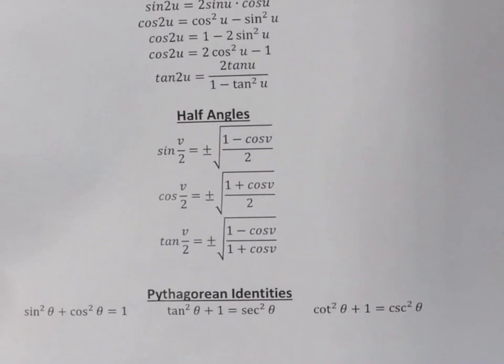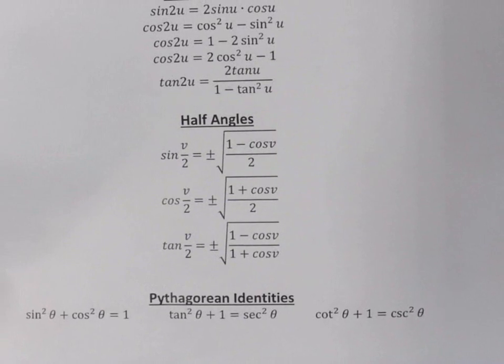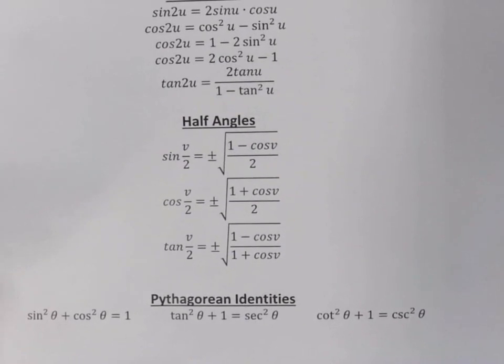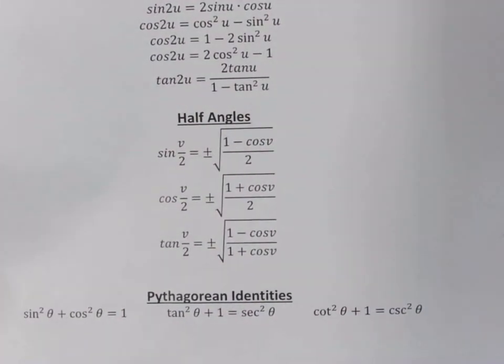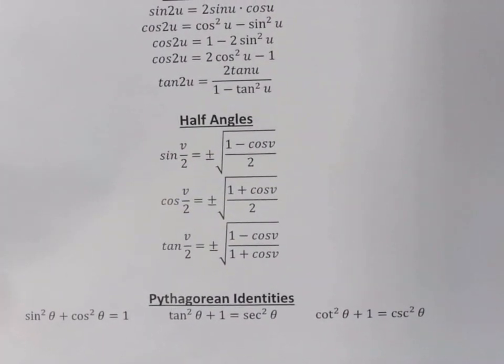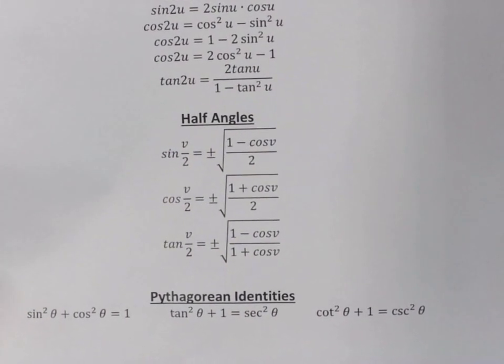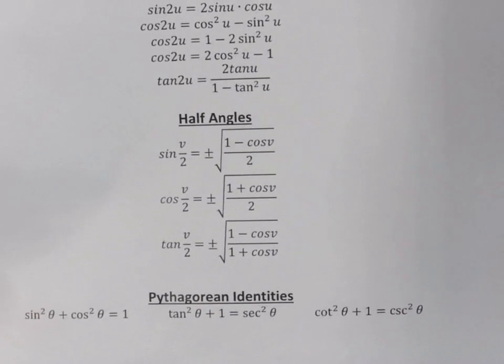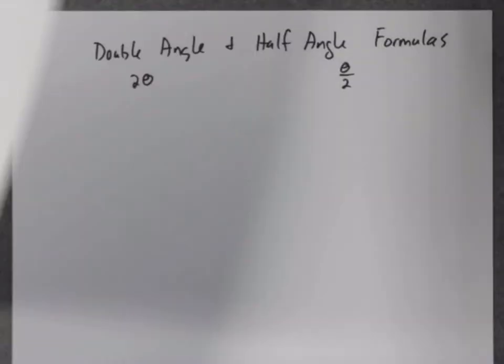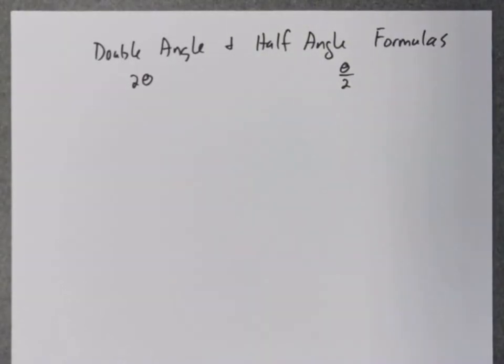Now that does not mean that you're going to have 2 answers, a plus or minus. That simply means that on some problems the formula will need to give a positive answer, and on other problems a negative. So it's not going to be both. Let me take a minute to explain that before we start.